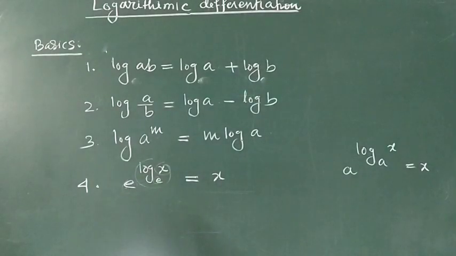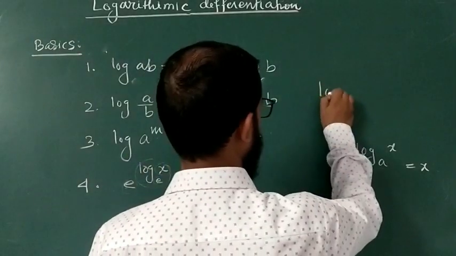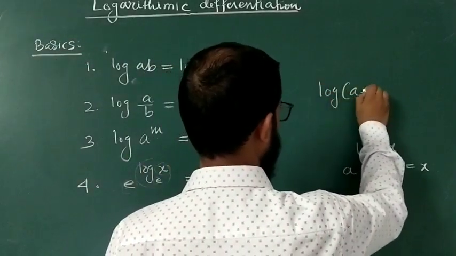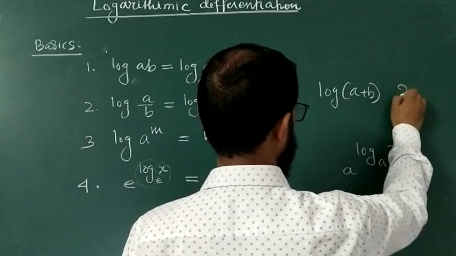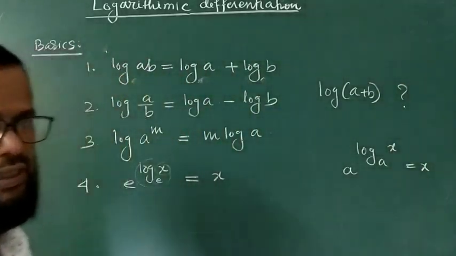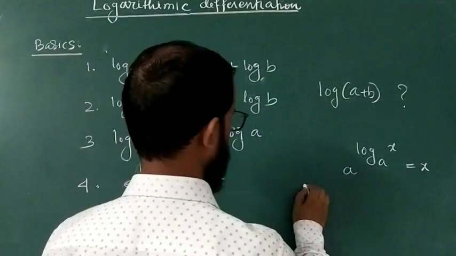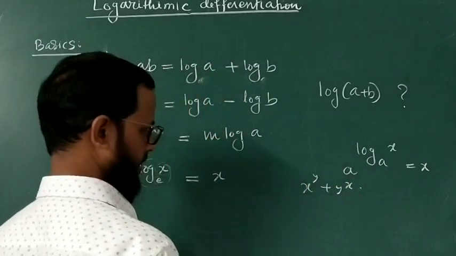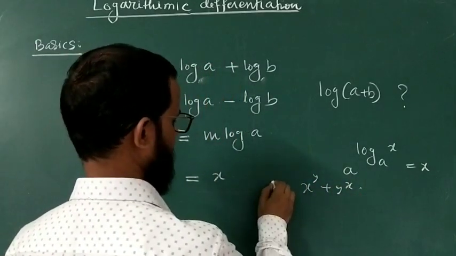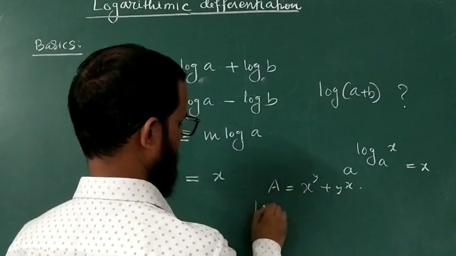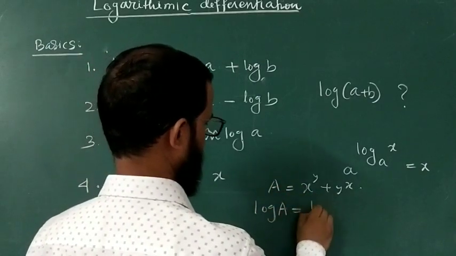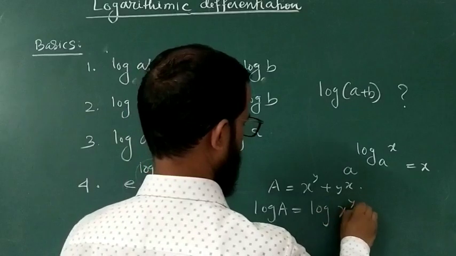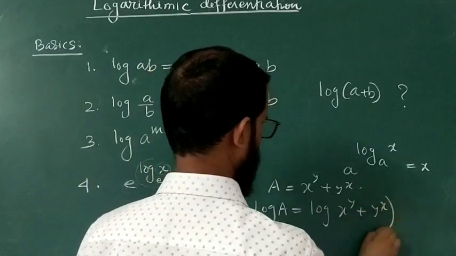We are going to use these things. A very important point is that there is no such result for log a plus b. Suppose x to the power y plus y to the power x is some capital A, and I take logarithm on both sides: log A equals log of x to the power y plus y to the power x.